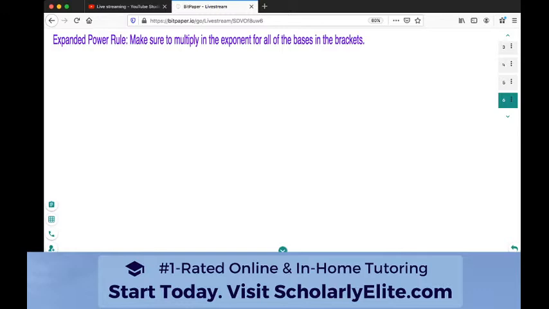You guys need to understand the fundamentals, because they will get super crazy, and those of you who have finished this unit probably know that these types of questions can be very, very intense. So let's go ahead and practice with this expanded power rule, and say I have something like 2a squared b cubed to the power of 2.